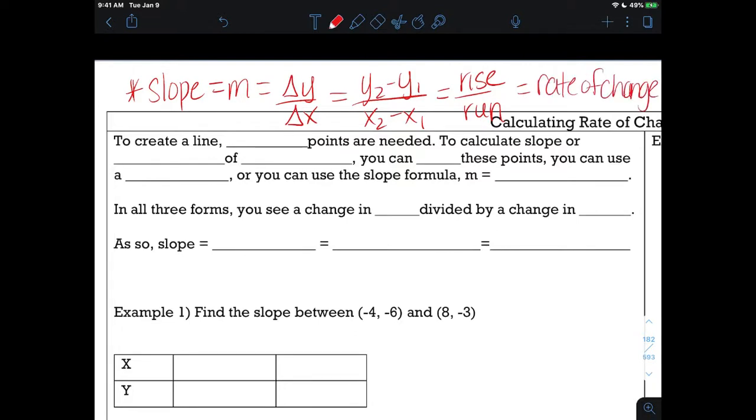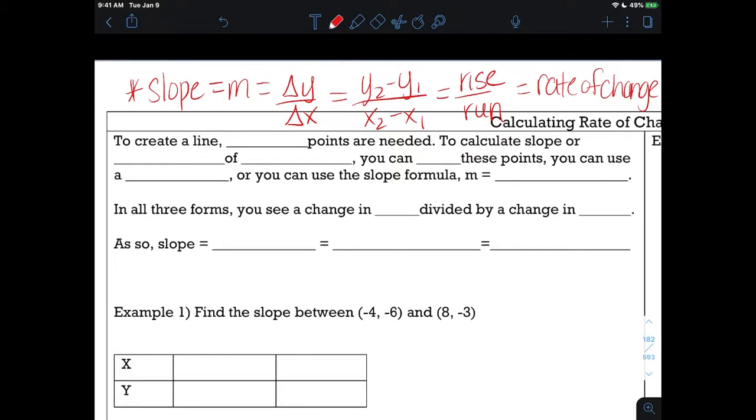Remember what I said, people in math like to make stuff complicated. They like to make it seem like we don't know what we're doing, but we totally know. All of these things are exactly the same. Slope, m, change in y over change in x, y2 minus y1 over x2 minus x1, rise over run, and rate of change. All exactly the same.